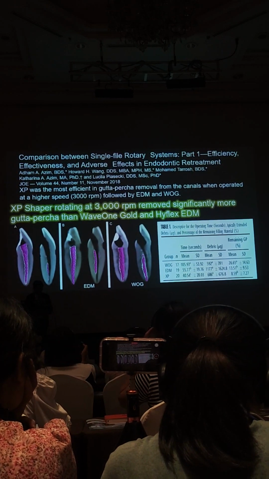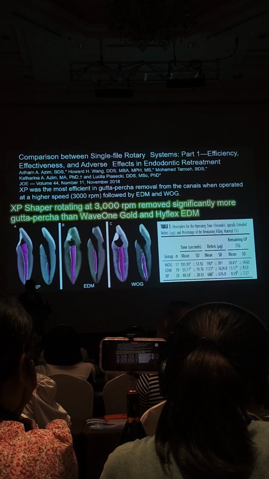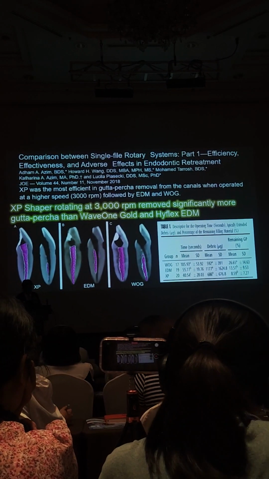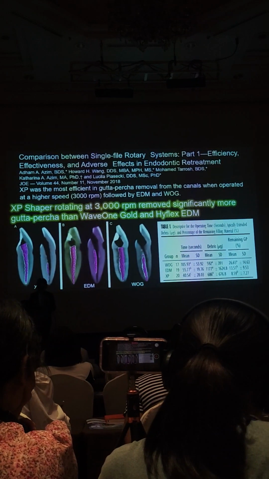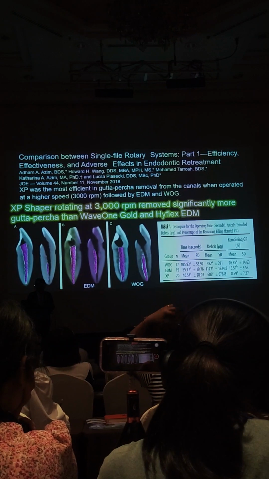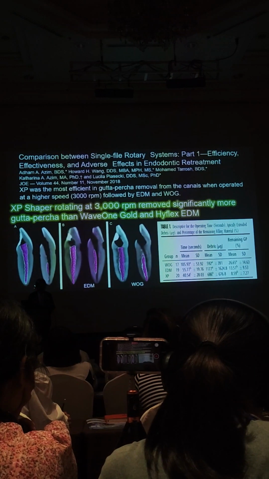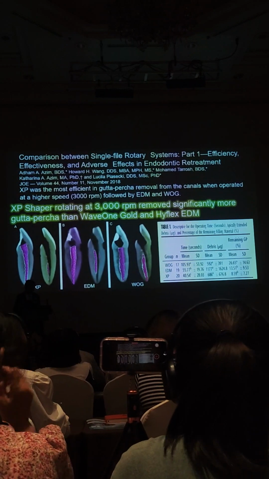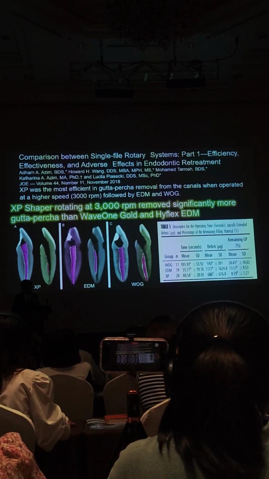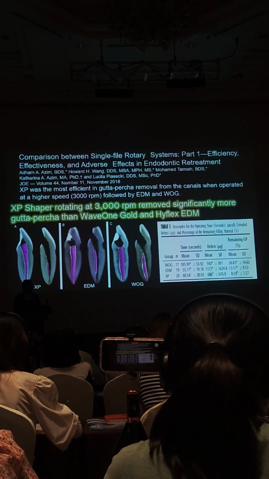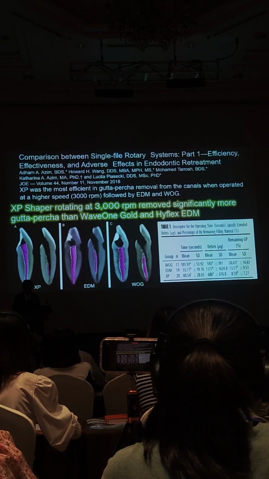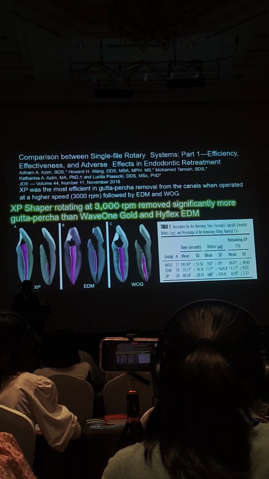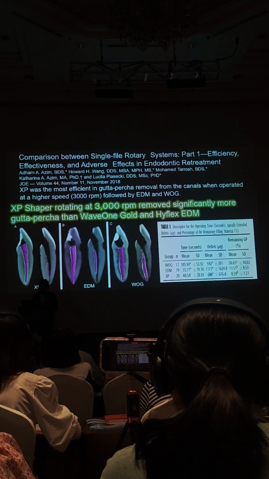So it's better to use a higher speed, like 3000 or 2500 RPM. Whenever I use the XP Endo Shaper, I use higher speed, like 2500 RPM, using the AI motor. The AI motor is the only motor that allows a higher speed, that is 2500 RPM right now.